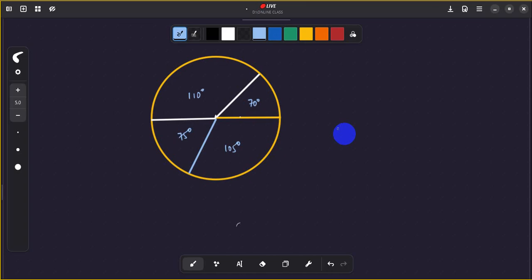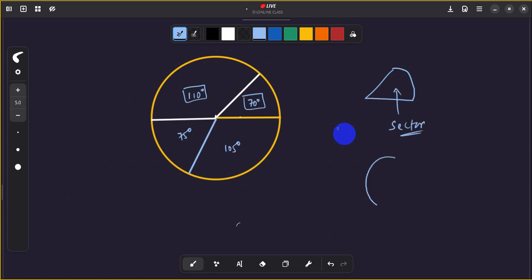Now the only thing remaining is to give the symbols for each sector. This part is called a sector. The shape of the circle, which is like this, this part is called a sector. Sector is the region enclosed by two radii of the circle.